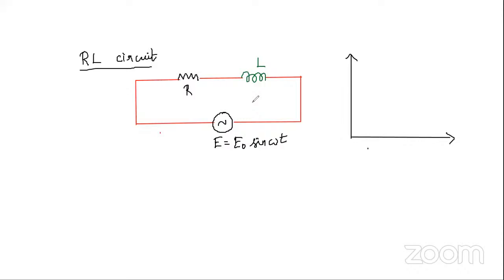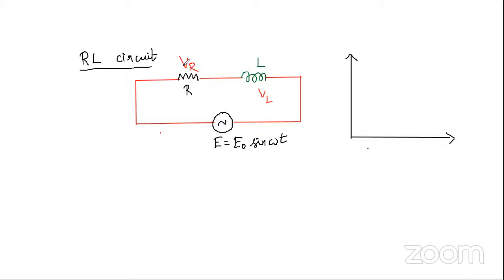VL and VR are the potential drops across L and R: the potential drop across the inductor is VL, and across the resistor is VR.